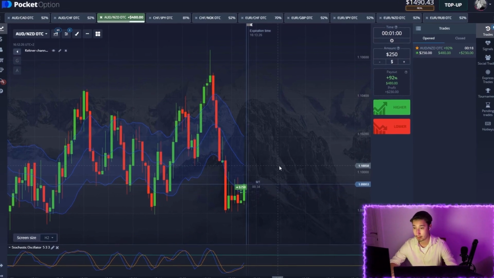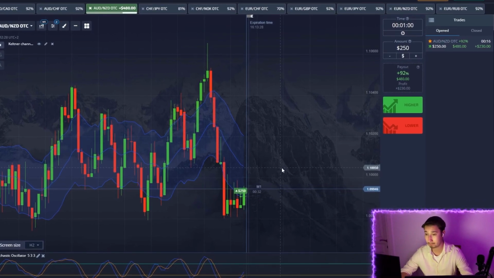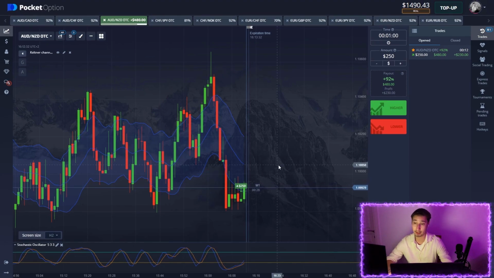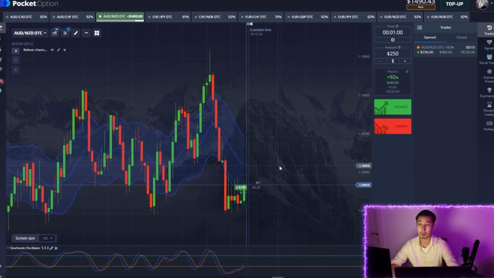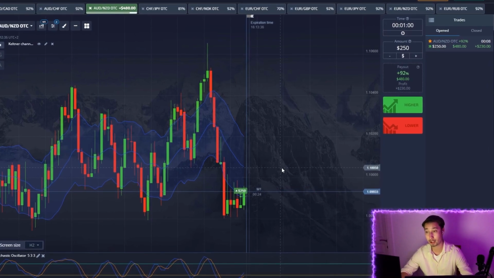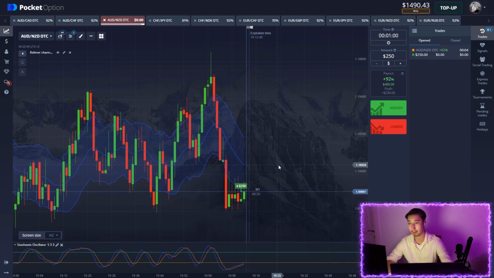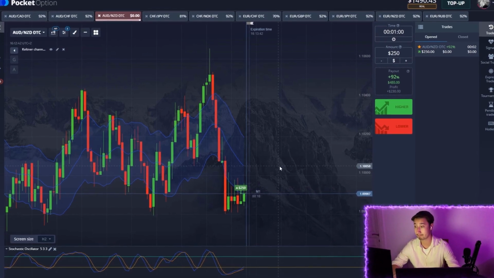Okay, and as we can see, the breakout is happening right now. The price movement enters the inner channel here, so we could expect that, and I'm sure the breakout is gonna be completed in the end, and our position will be in profits.